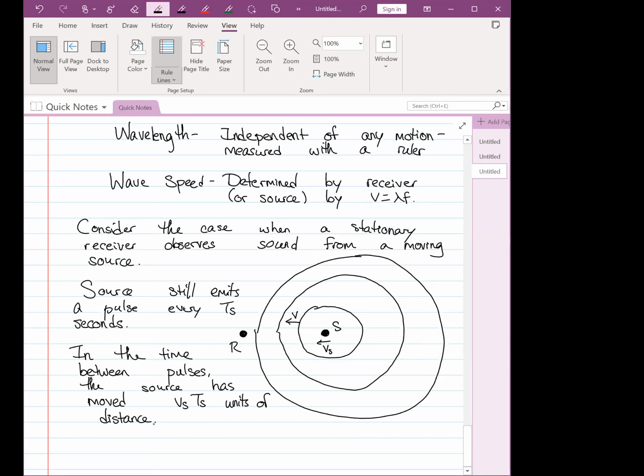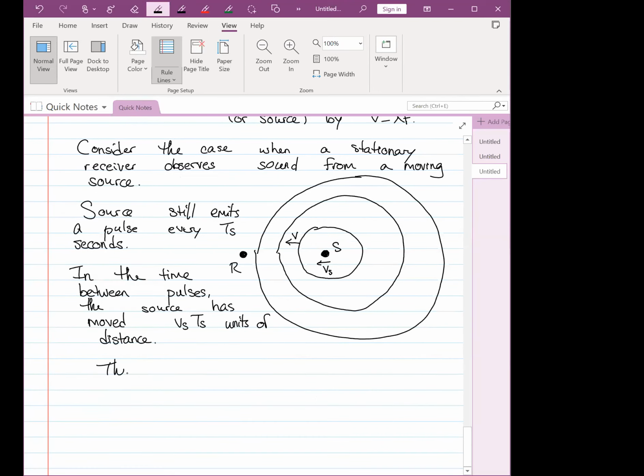Like I said, the waves themselves aren't changing speed. So the previous pulse is moving at speed v, the speed of sound, times the duration. That's to figure out how far. So it has moved v times t sub s units of distance in the time between pulses.